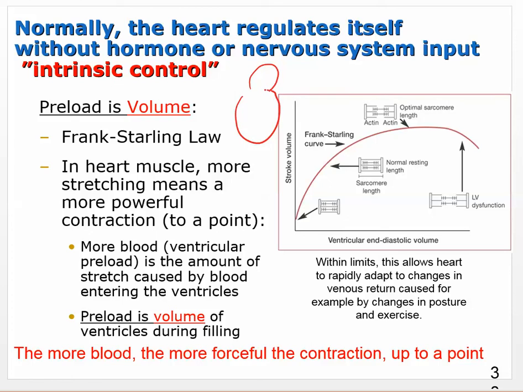There's the AV valve, and if we say left side, we'll just say that this is the semilunar valve in the aorta. As the ventricle starts to fill with blood, it stretches.